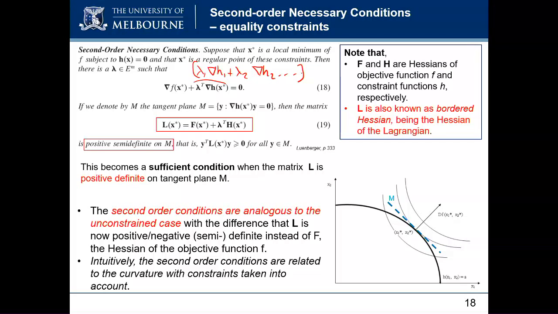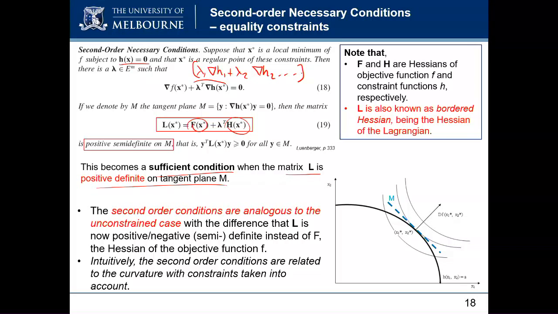So in this book, obviously, the L is the Hessian of the unconstrained case, F, and then this is the lambda, and this is the gradient matrix, the counterpart of the Hessian with the equality constraints. So they become this matrix, and just like the other one, this becomes a sufficient condition when the matrix is positive definite on the tangent plane, M. So this is on the tangent plane.